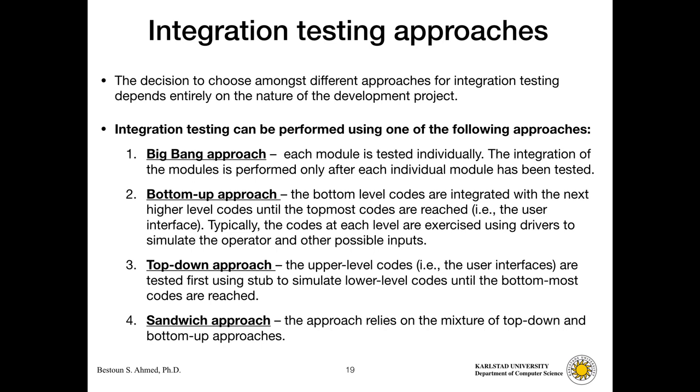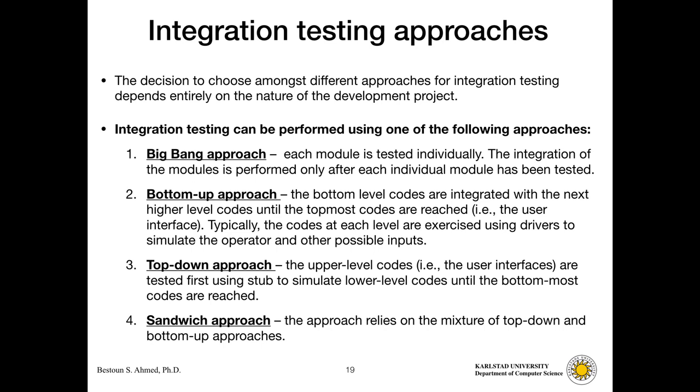Each module is tested individually, all of them, and this is kind of time consuming, of course. So when all the individual modules are available, you test all of them, and this will take a lot of time. You have another approach which is called the bottom-up approach.